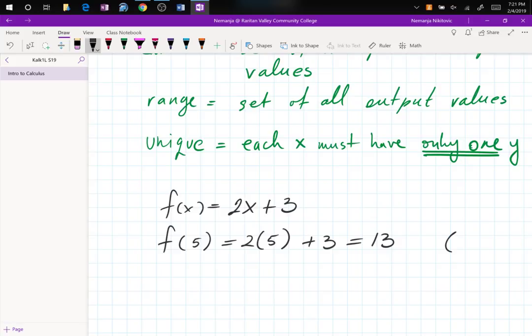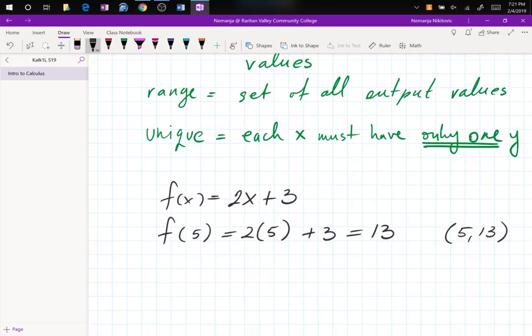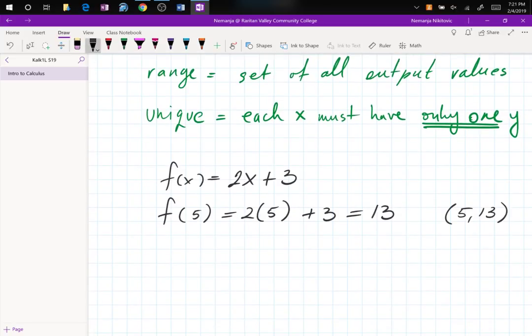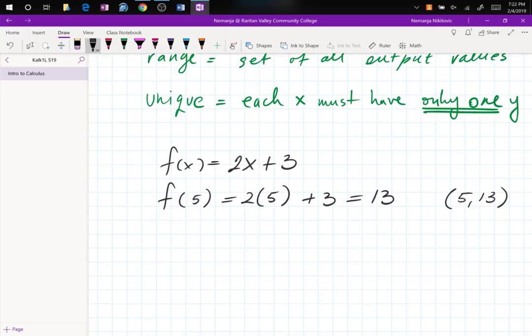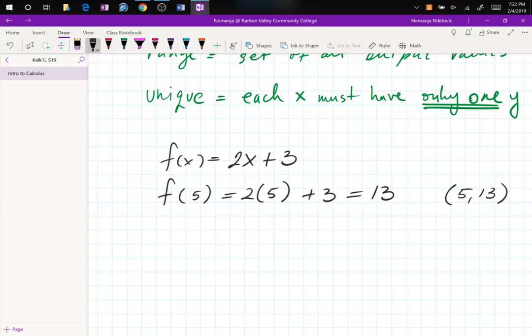Now, I have an ordered pair, (5, 13), as input, output. I can graph this. I can graph other points and connect them with a line and call it a graph. So for a function like this, domain would be all real numbers.